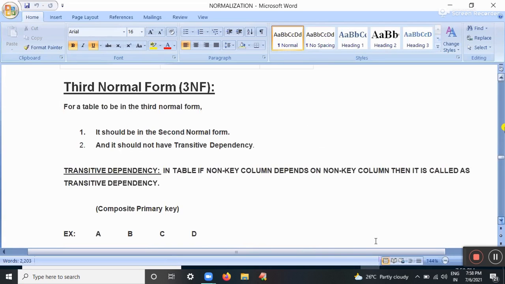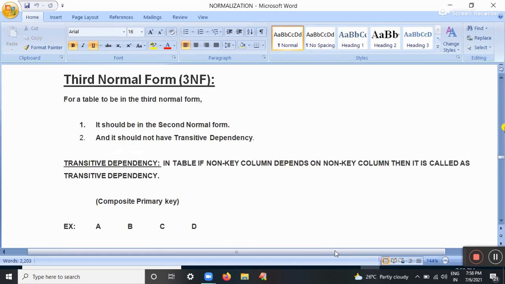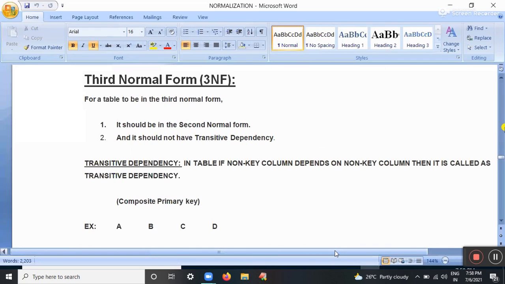So the third technique is called 3NF, third normal form. For a table to be in third normal form, there are two conditions we need to satisfy.